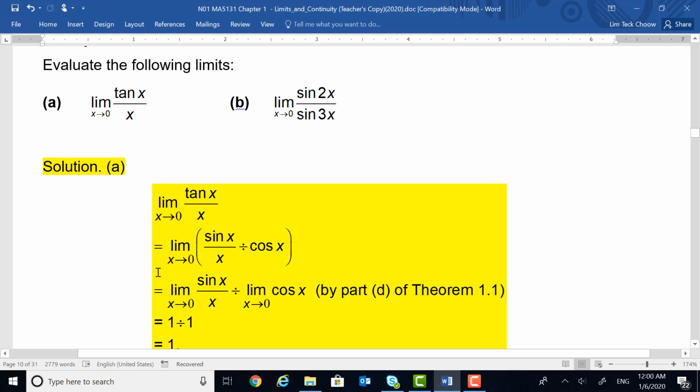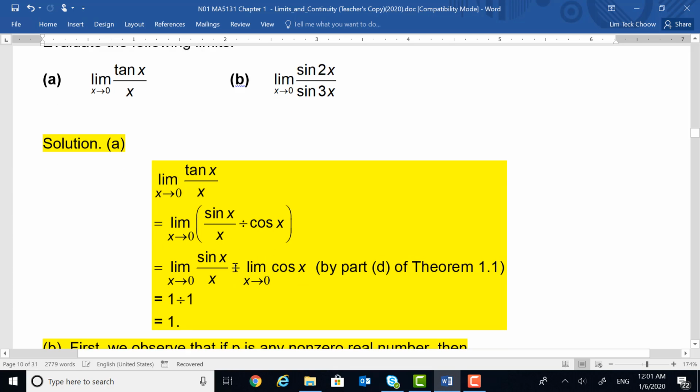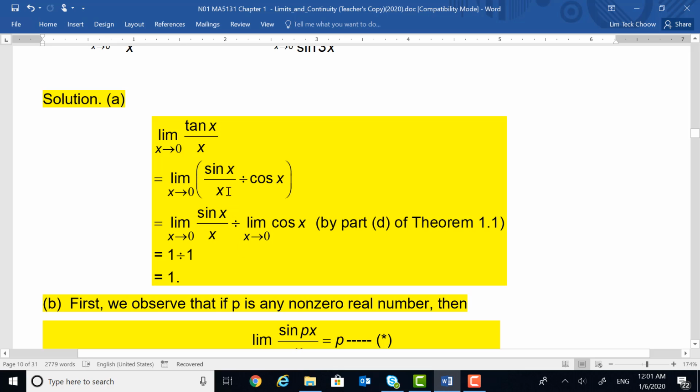And this is applicable because the denominator doesn't have a zero limit. I mean to say when x goes to 0, cos x doesn't go towards 0, so it's okay to use that theorem. So by using the theorem, I can then break this into the limit of the numerator divided by the limit of the denominator. And this one, based on the special result we had earlier, is just 1. And this is also 1, and the answer is just 1.